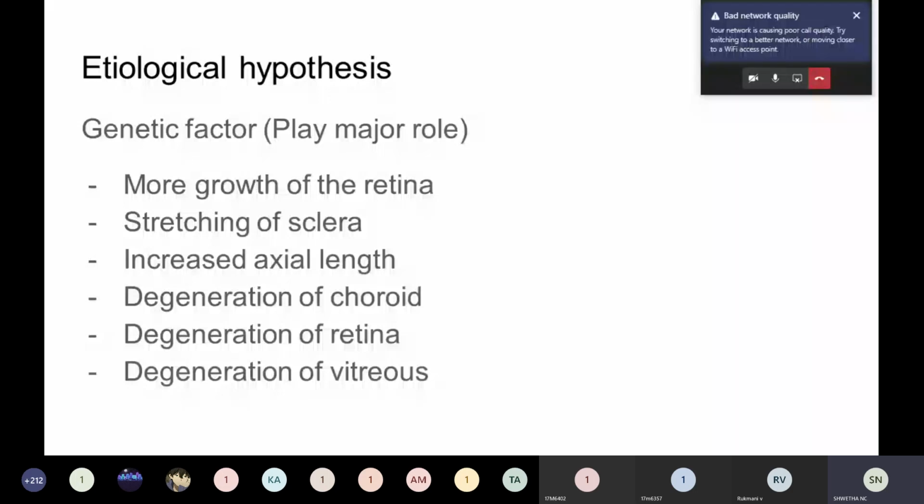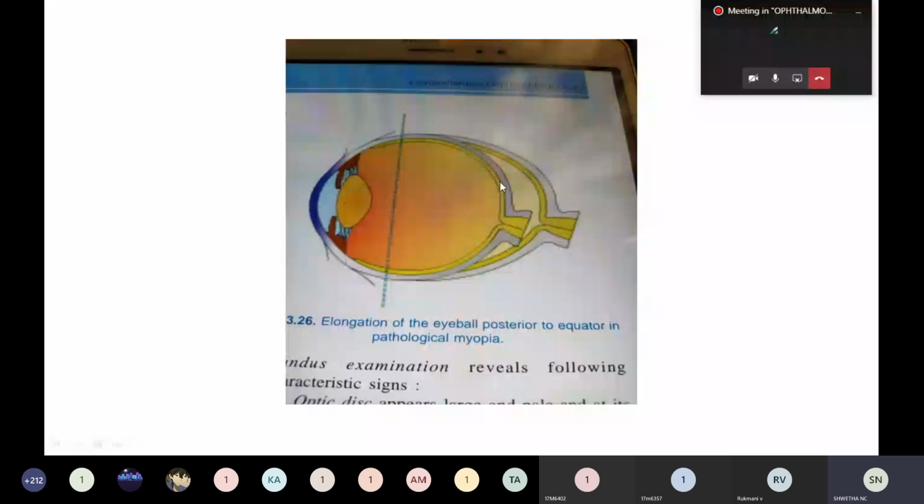There are changes within that. So this is a diagram. You can see the diagram, the comparison. This is the normal, you can see the line which is shown. There is so much elongation, so much increase in the axial length of the eyeball.